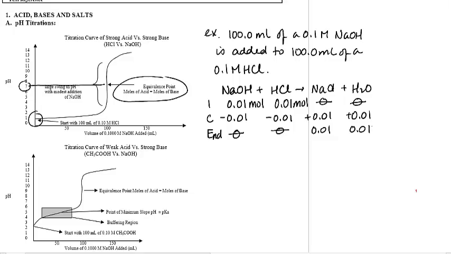Now, if we examine this first equation, we can cancel out the water. And the reason is that our acid and base are in solution and our solvent is water. And so therefore the amount of water that's produced is going to have a negligible effect on the overall concentrations. We're also going to ignore the NaCl. And the reason why is that Na comes from NaOH, which is a strong base.